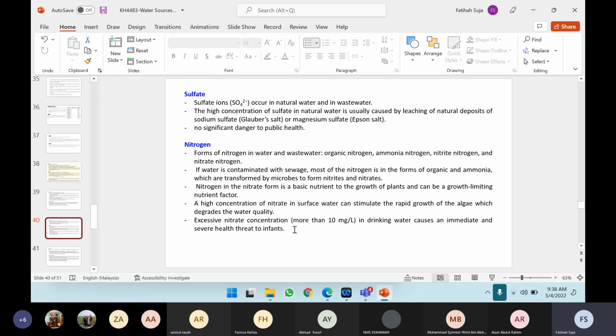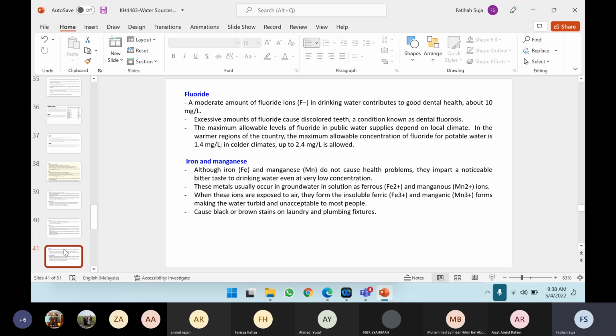This nitrate will disturb the oxygen in our body, so it will prevent the oxygen from reaching our brain. This is what we call blue baby syndrome, because of the consumption of nitrate in your drinking water, more than 10 milligram per liter.